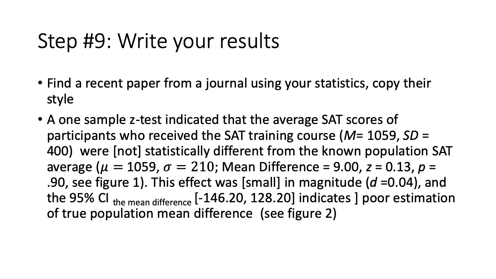And then I report my 95% confidence interval of the mean difference. I want to show how poor this confidence interval is so that everyone knows that this study was not good. I didn't get a good estimate of the mean difference that I'm using to try to figure out if I've disproved my null hypothesis.